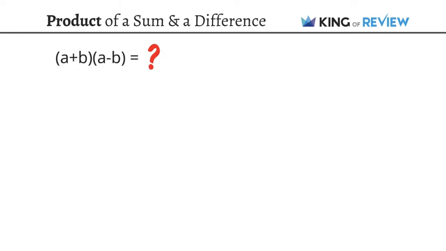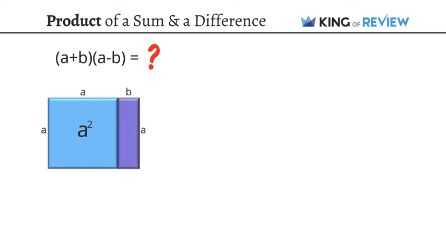I'm gonna show you this using bricks as well. Okay, here there is a square with each side a long and the area is a squared. Now I added a rectangular brick with length a and width b to make this length a plus b.